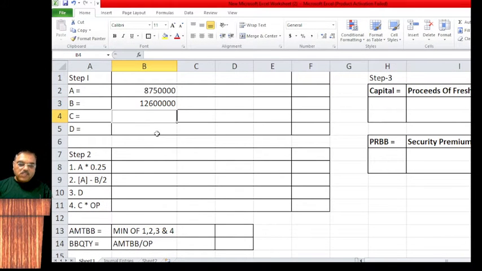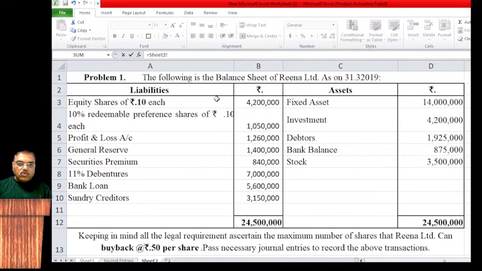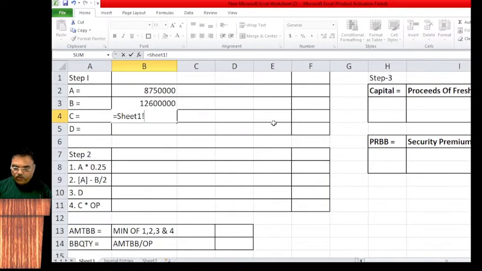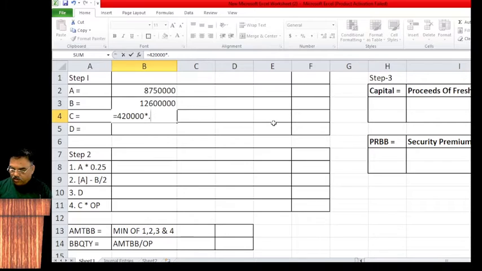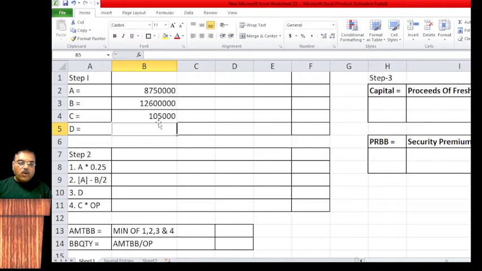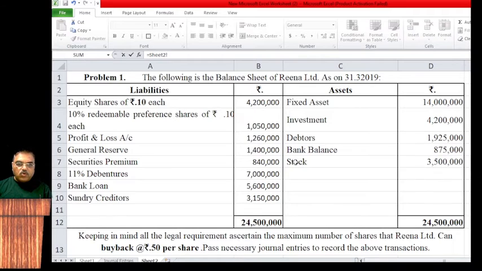Now the C part is the number of equity shares. You know that there are 4,20,000 equity shares. So here 4,20,000 multiplied by 25%, so it comes to 1,05,000. And D is the total of free reserves. What is the total of free reserves?